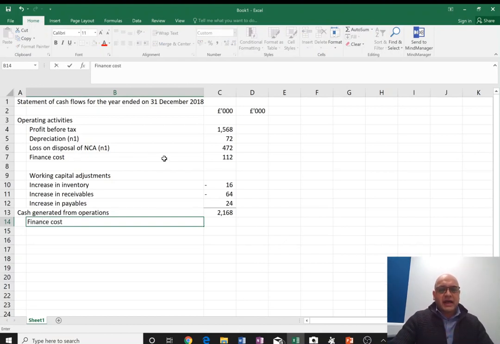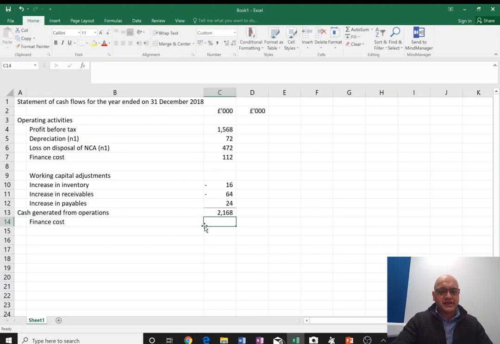Earlier we added it back, now we are going to reintroduce it. And the other one is tax paid. That's when, in the statement of profit or loss, you will find the profit for the year, the final profit. In here you will find the cash flow from operating activities.